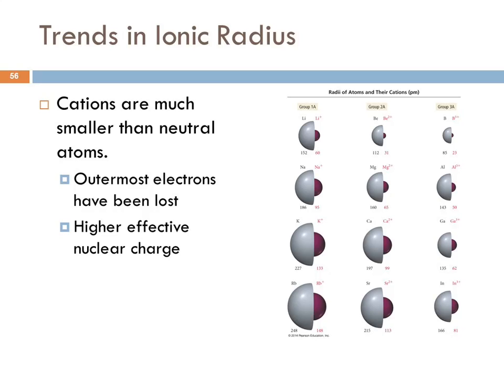When you make an ion, that affects the size. A cation is going to be much smaller than a neutral atom because with the cations, you're taking off the valence shell. You're peeling off that outer skin of the atom onion, I guess. The onion atom? I don't know.